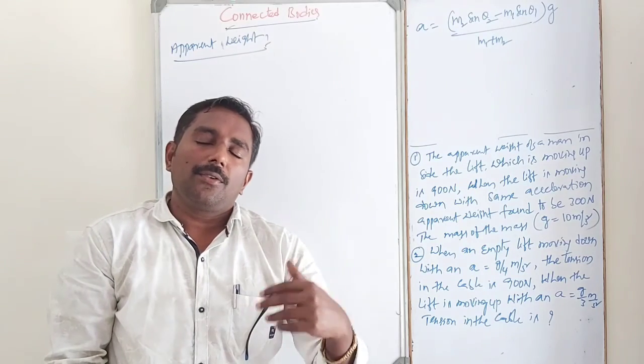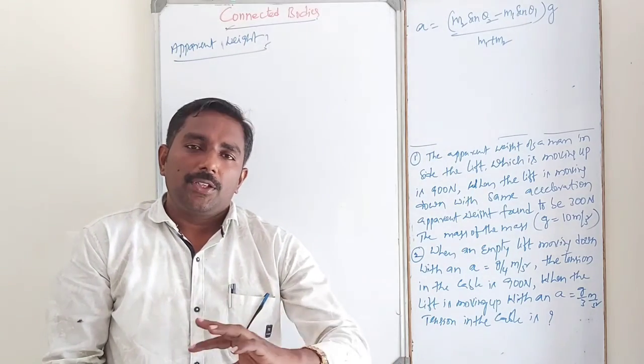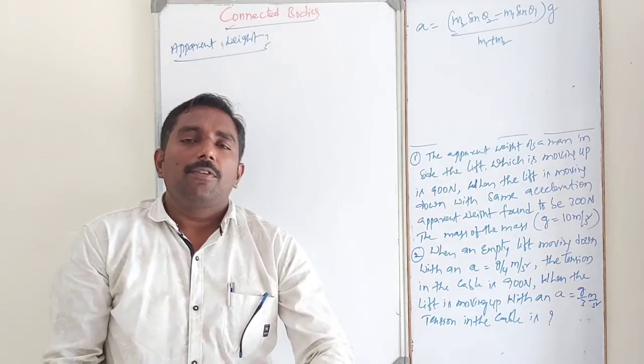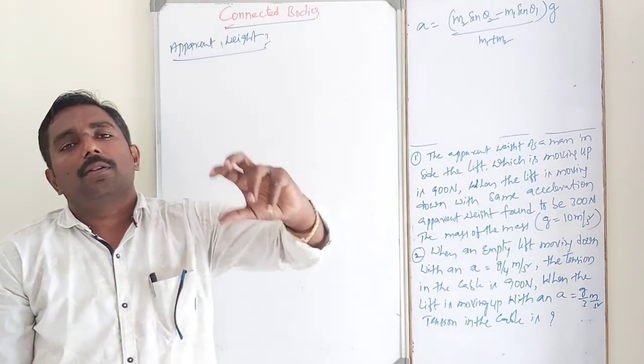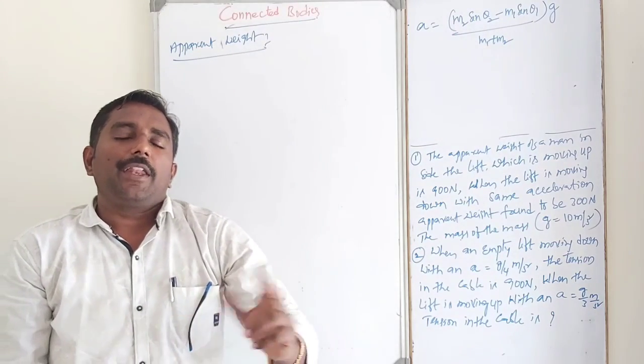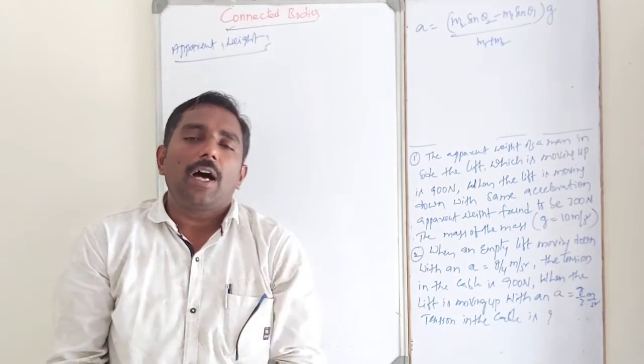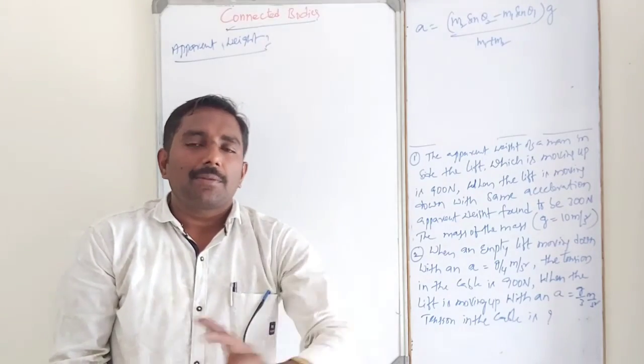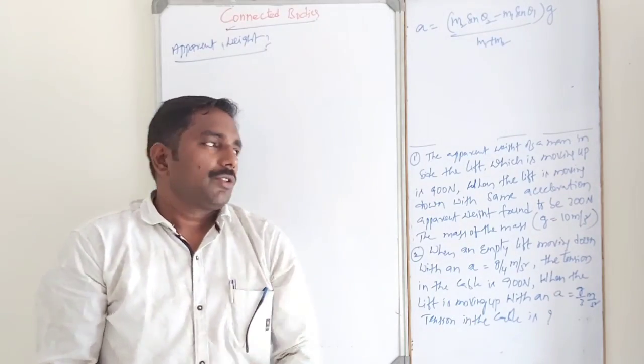The weight changes whenever the system moves, that is, when the lift moves upwards or downwards. The variation from the original weight of the body is simply the apparent weight.